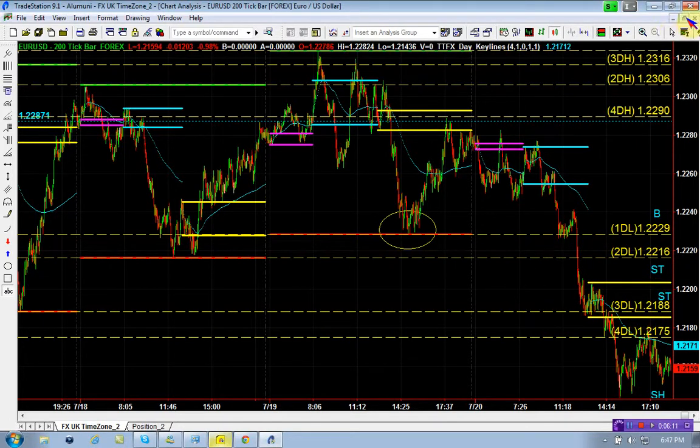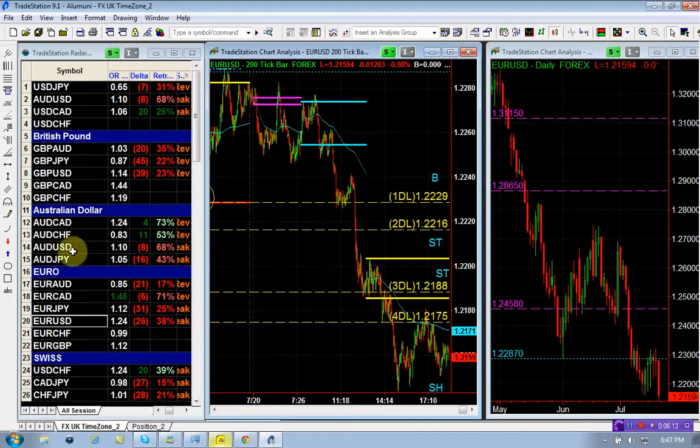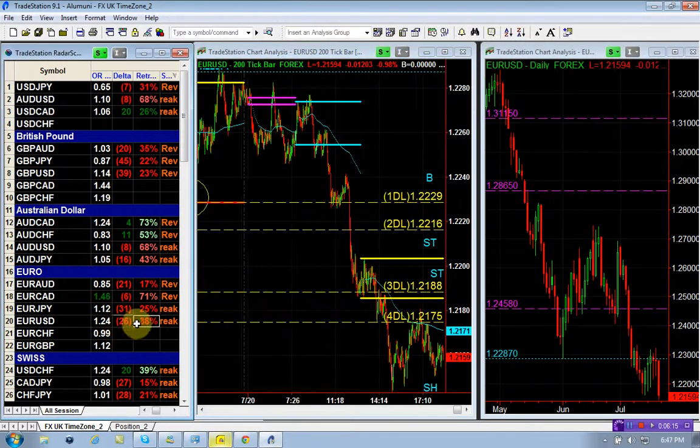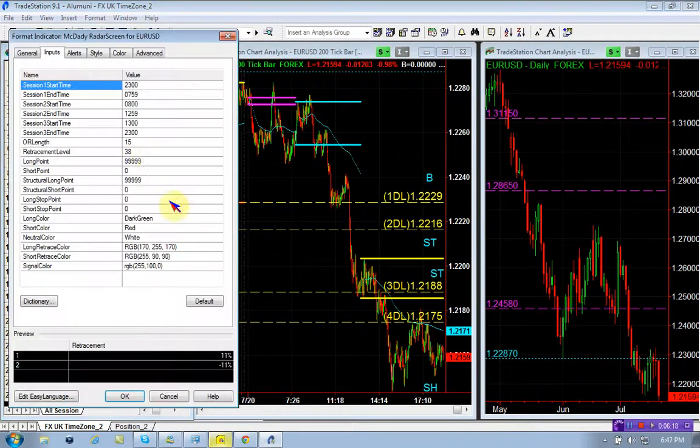Okay, so let's put this on the radar screen. I'm going to buy the euro above 122.29, and if I do, my stop is going to be 122.